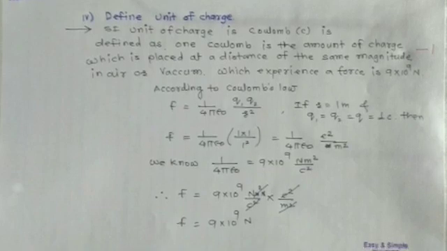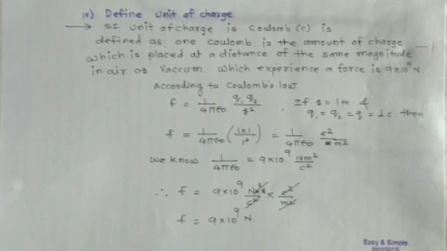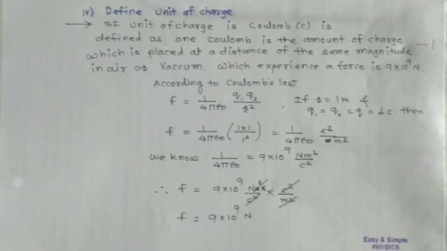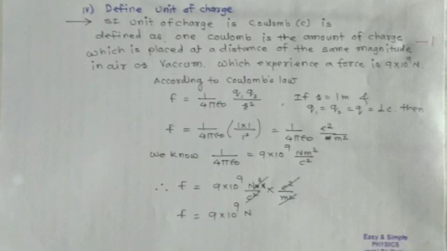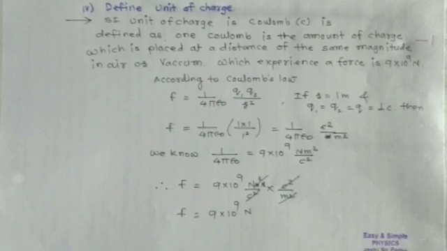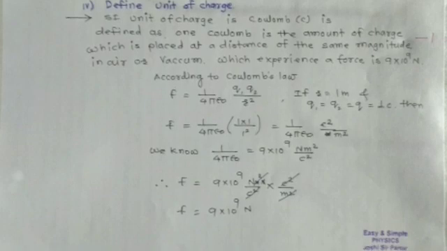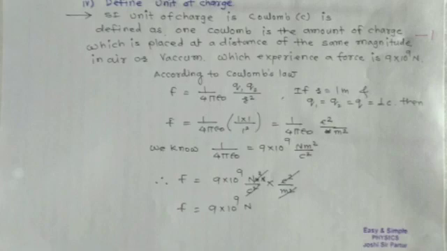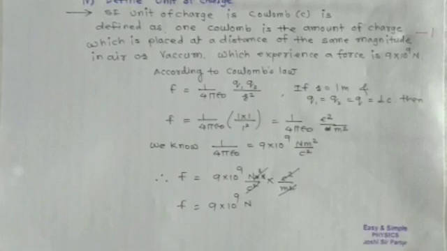According to Coulomb's law, F is equal to 1 upon 4 pi epsilon 0 into Q1 Q2 upon R square. If R equals 1 and Q1 equals Q2 equals Q, then force is equal to 1 upon 4 pi epsilon 0 in bracket, 1 into 1 upon 1 square, that is 9 into 10 raised to 9. So force is 9 into 10 raised to 9 Newton.